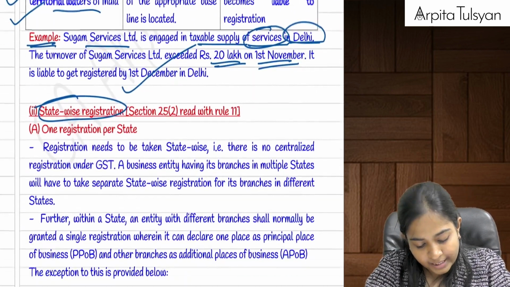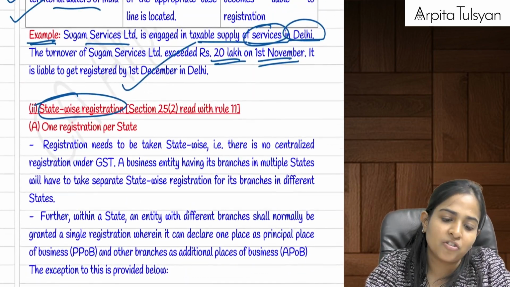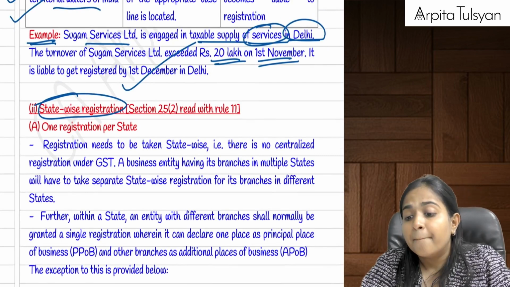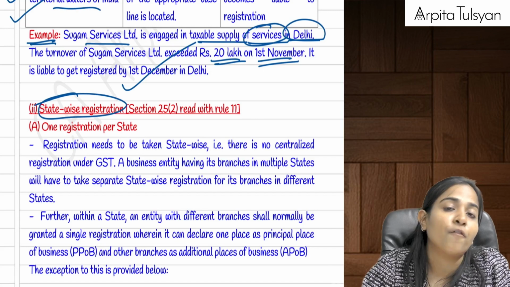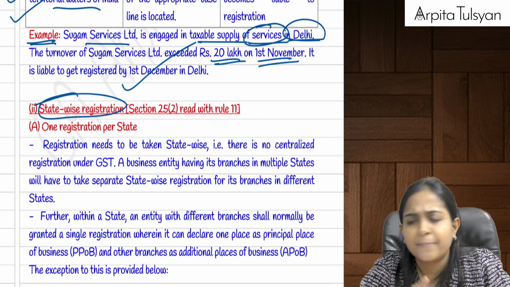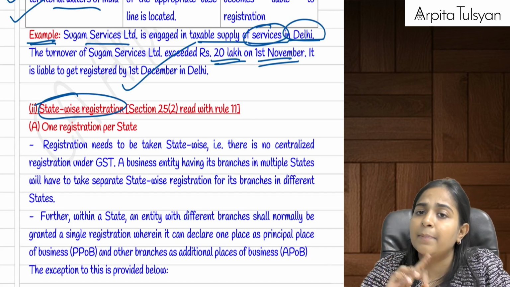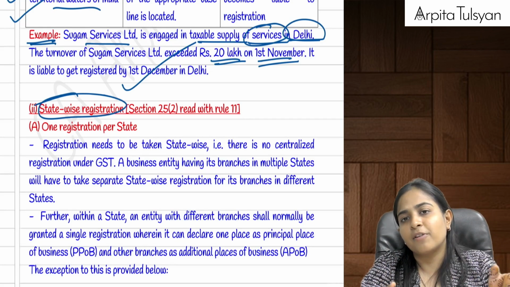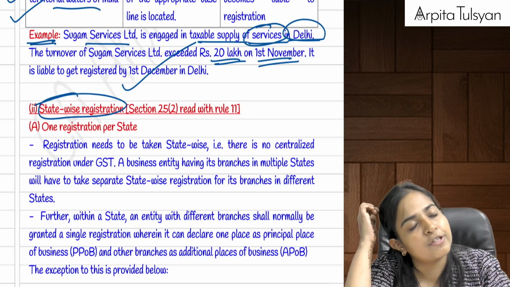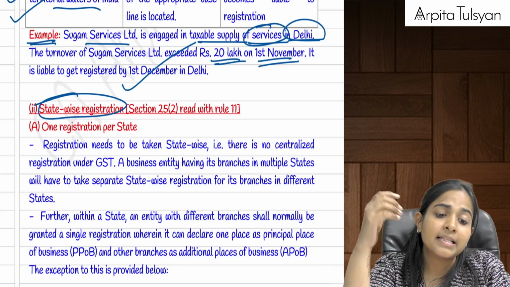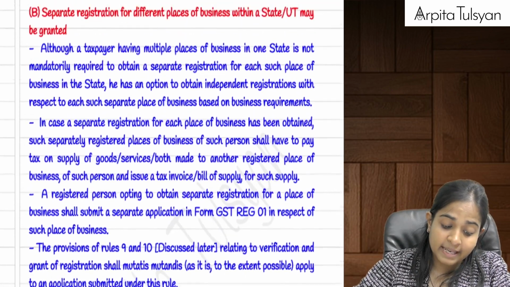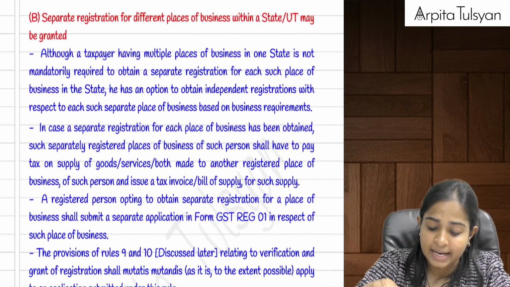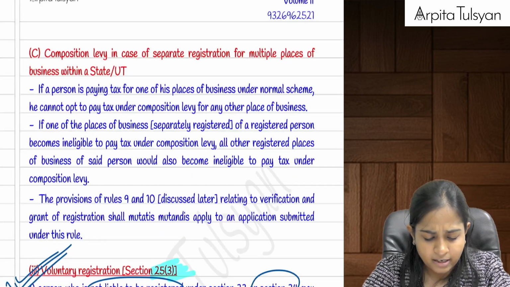Then we went to the next point, which was talking about state-wise registration, part of which we have already discussed. One state, one registration. But suppose I have multiple offices in one state, then the GST department says no problem, apply for one registration. One office will be shown as principal place of business, another office as additional place of business. But if you want to apply for separate registration for different places of business even within the same state or union territory, you can do that, no problem.